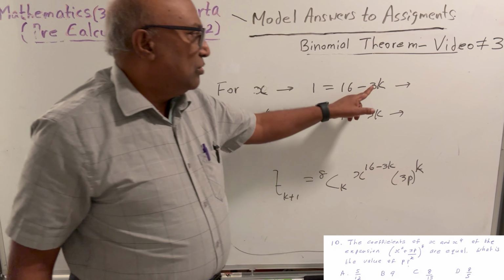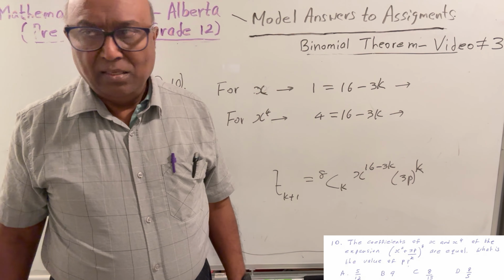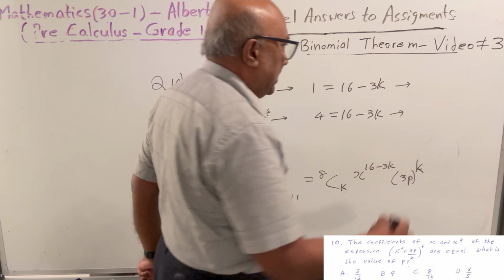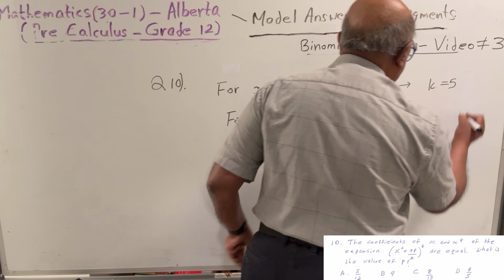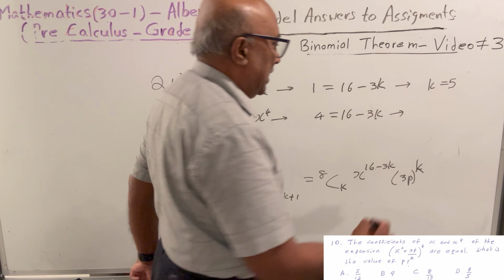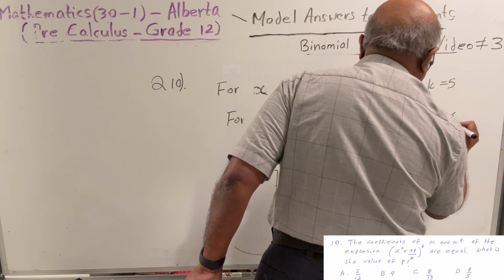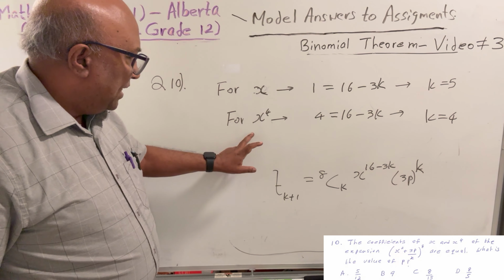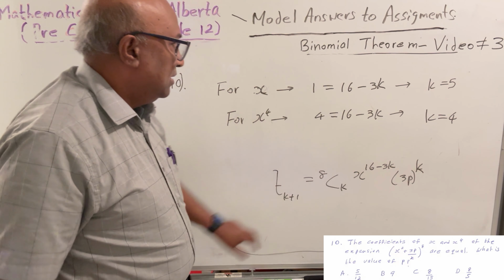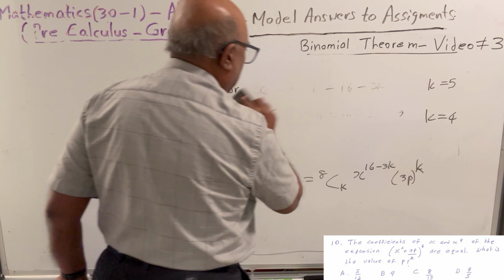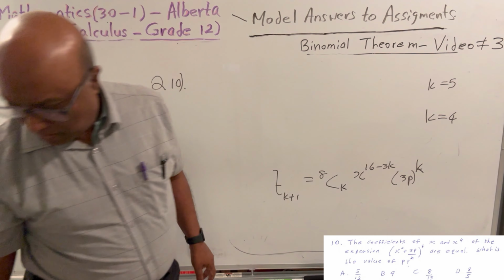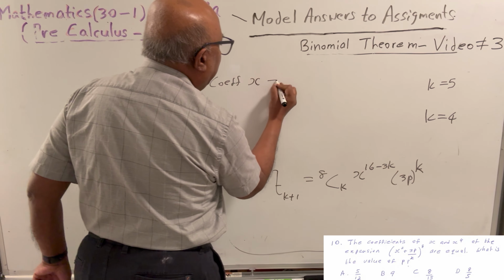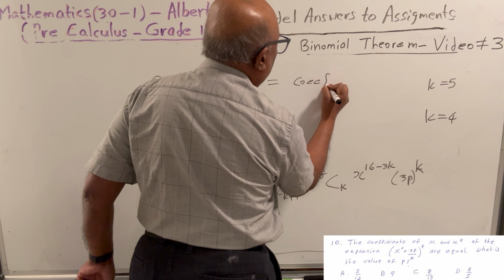Now let's solve both of these equations for k. This time I am doing this quickly. 3k equals 15, k equals 5. From the other equation, 3k equals 12, k equals 4. Now let's apply these k values. The question says coefficient of x equals coefficient of x^4.